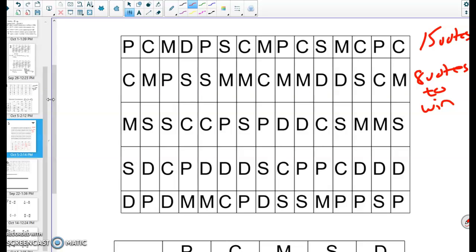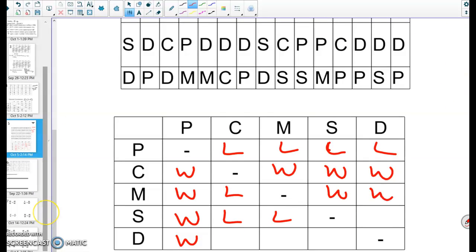No, no. 4, 5, 6, 7, 8. There's still 5 left. M already has 8 votes. M is over D. Okay, that's right. D loses.